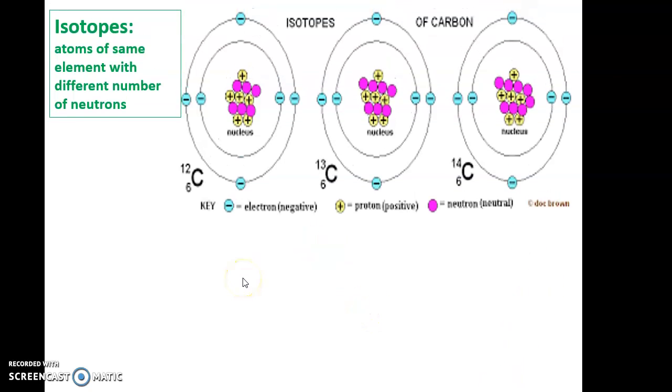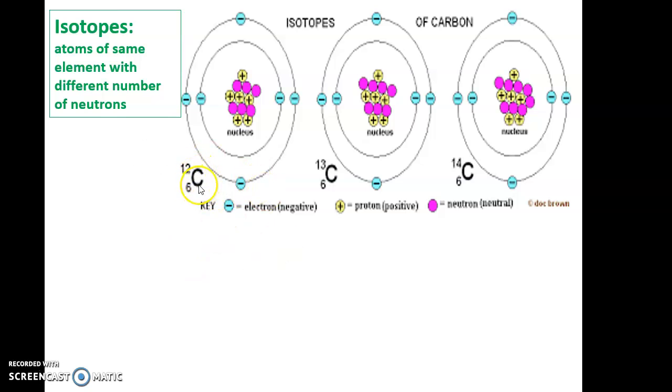Now, it turns out that most elements, actually, I think all elements, are found in forms referred to as isotopes. Isotopes are atoms of the same element. So in this example, these are all carbon, where they have different numbers of neutrons. Same number of protons, different number of neutrons.